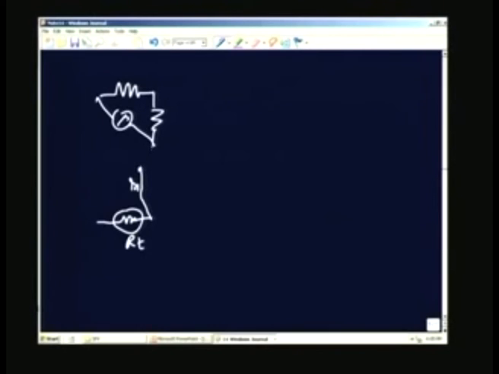I am going to connect R2 here, and on the other side this will be RS2 in the second arrangement, and this will be connected to R4, and the battery will be connected through R3. This is battery, this is also battery.